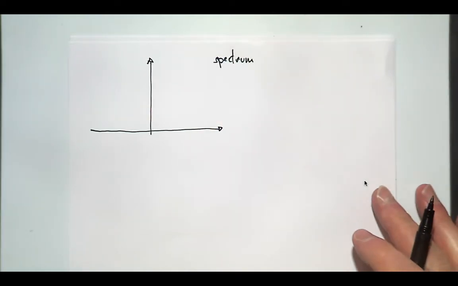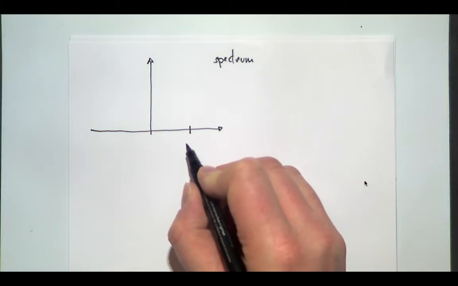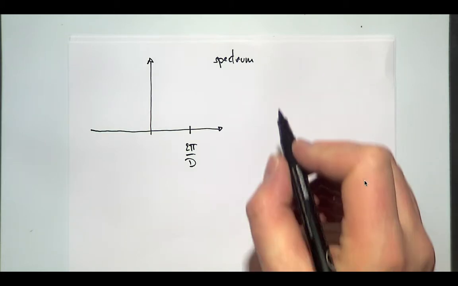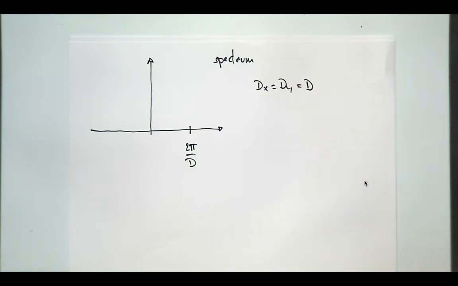You have a sampling frequency which is at 2 pi over d. In this example, d is the space between your samples, and we're going to say dx equals dy, so d is the same. We just simplify everything.